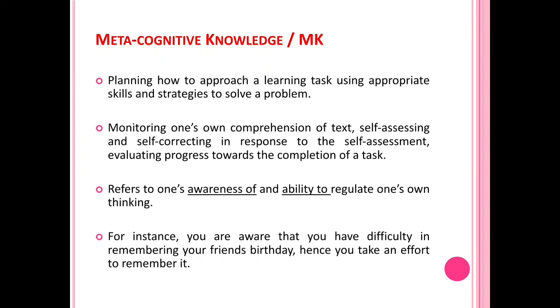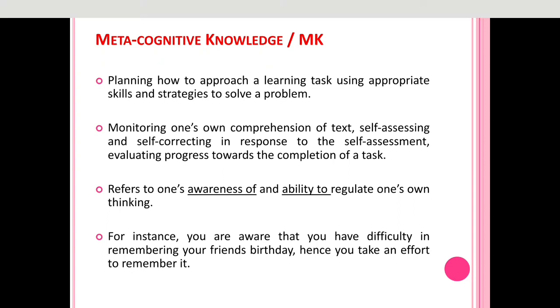For instance, if a child knows that he is not being able to pay attention, alright, he is not being able to be attentive. So, if he realizes that because of certain things he is being distracted, what he can do is he can avoid those things. Alright, so in this way he is trying to form a habit of improving his weaknesses, his drawbacks, and overcoming them.